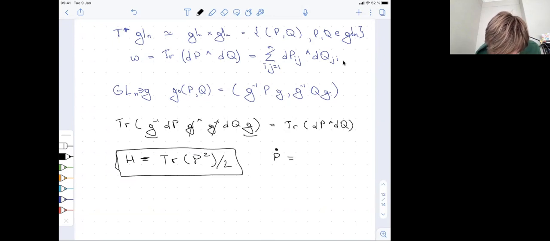P dot will give you 0 with respect to this Hamiltonian, because P commutes with itself in a sense. So definitely such Hamiltonian gives trivial dynamics on P, and for Q, it should give you P.